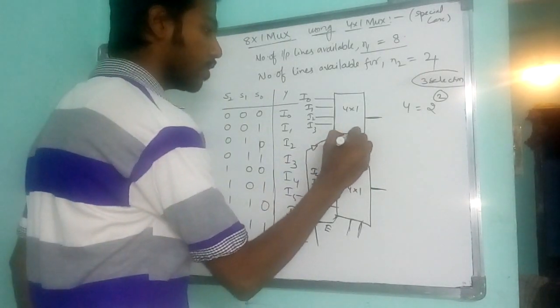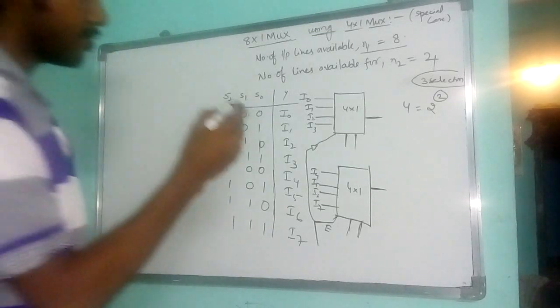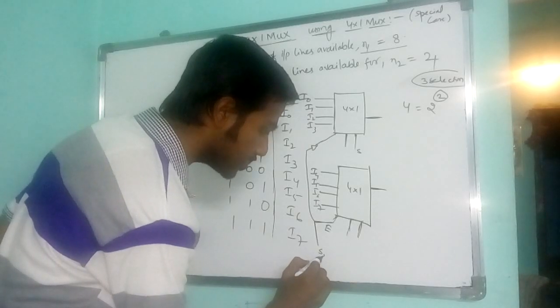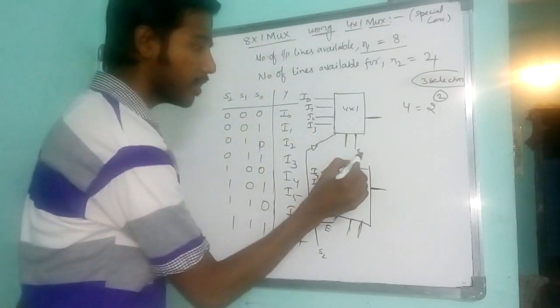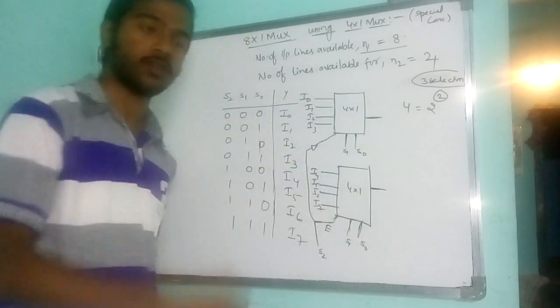So what happens is, consider the selection lines: S2 here, S0 here, S1 here, S0 here, S1 here.